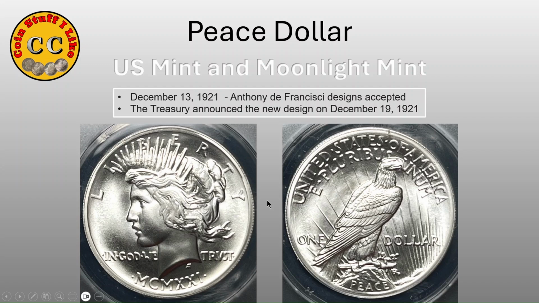The reverse design, he submitted two. One was an eagle on a rock with an olive branch, and the other reverse design was a little bit more dynamic, a fierce eagle with a broken sword. So the mint director said, okay, we're accepting these designs, but we want to lose the Roman numerals.